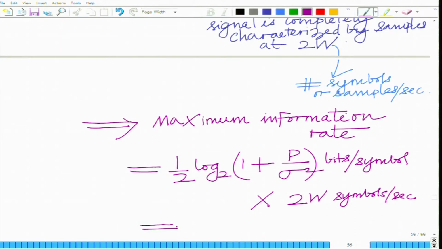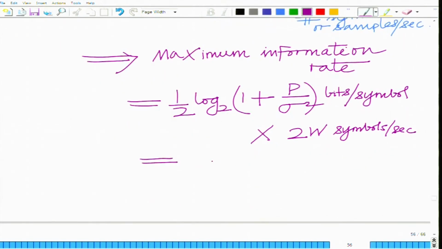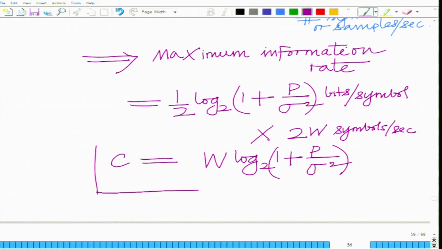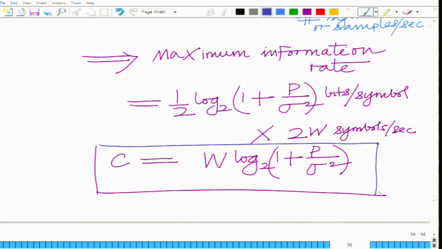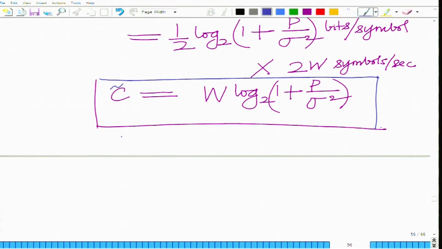This gives W log to the base 2 of 1 plus P over sigma square. That is the capacity of the Gaussian channel, which you can denote as C tilde, in bits per second.